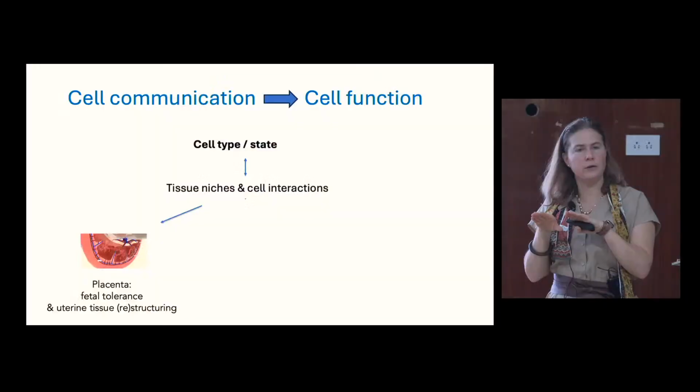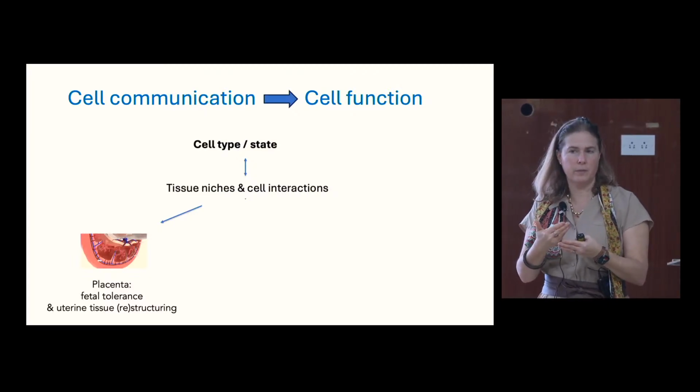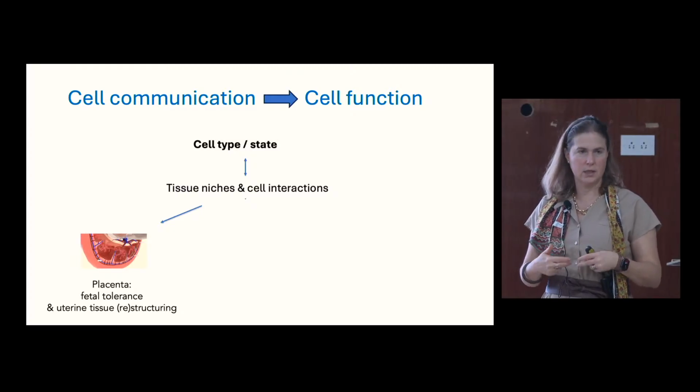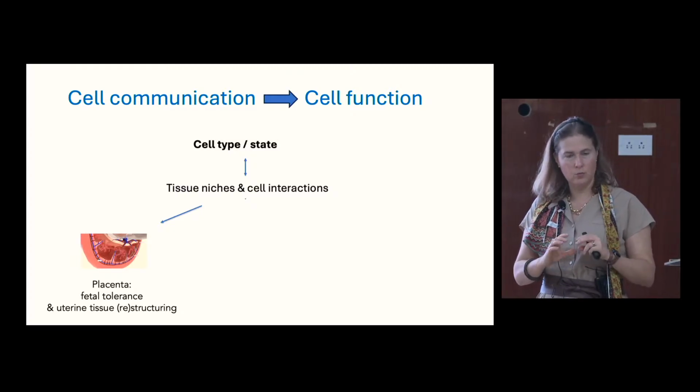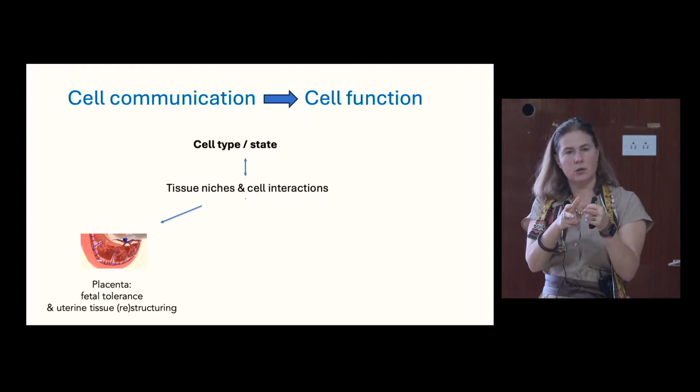And so in the placenta, there's a kind of mystery in the sense that the trophoblast cells in the placenta have half of the alleles from the mother, half of the alleles from the father, and of course a lot of the paternal alleles are different from the maternal alleles, and so the maternal T cells, NK cells, etc., would be trained to recognize the paternal alleles as non-self.